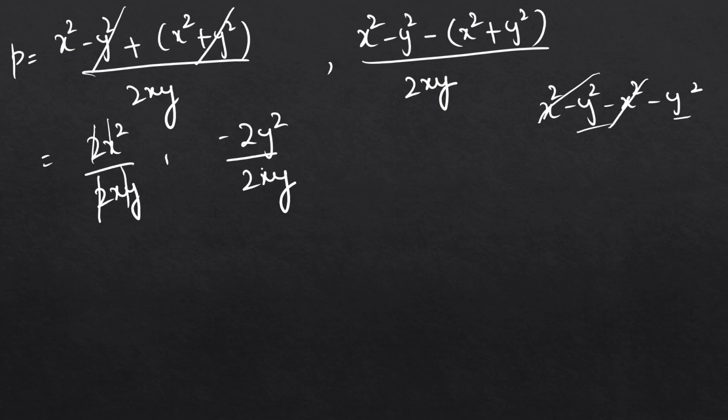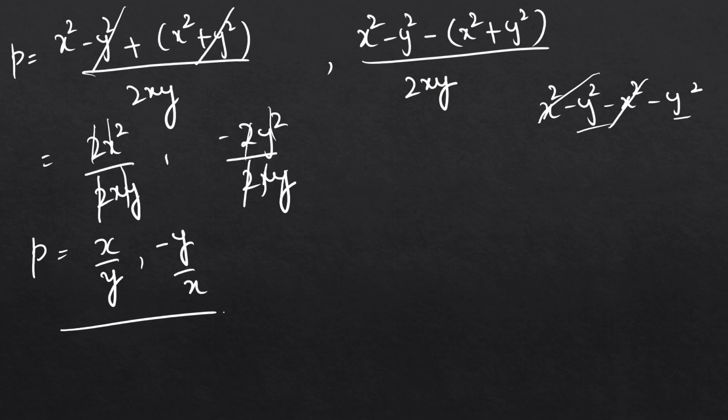Again it would be cancelled out and you will get p equals x by y. Again it would be cancelled out and you will get minus y by x. So now you have two values. First value is p equal to x by y and second value is p equal to minus y by x.